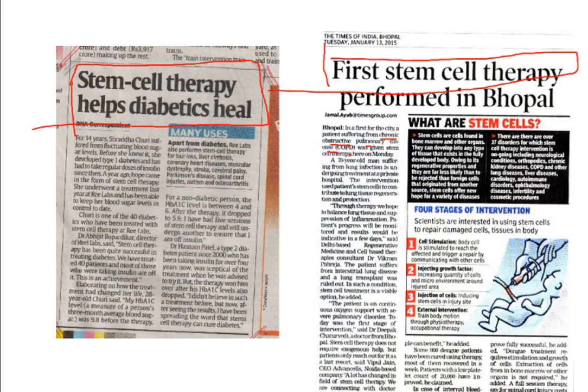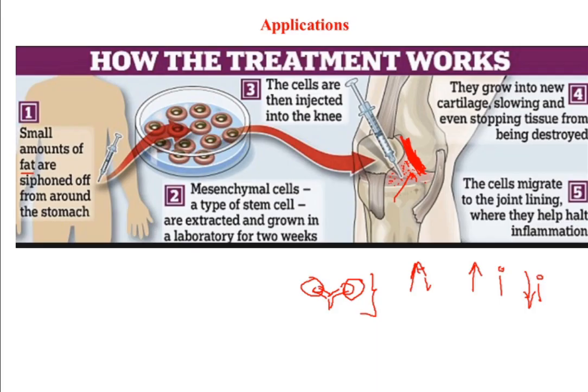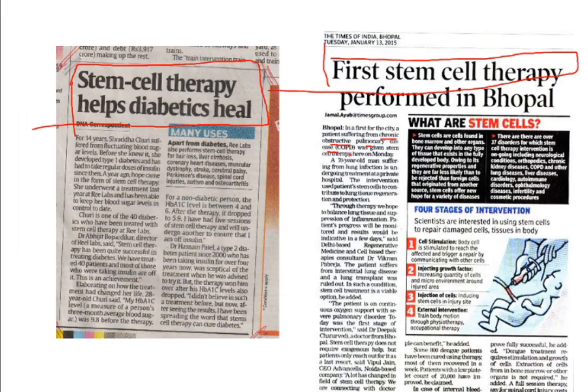So this is the solution to huge medical problems, because diabetes, cancer and rheumatoid arthritis are very prevalent diseases. The solution to these diseases can be stem cells.